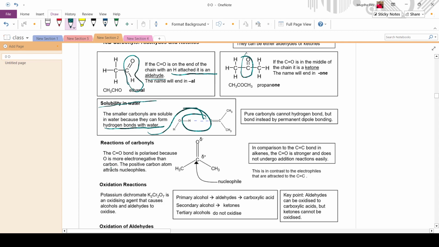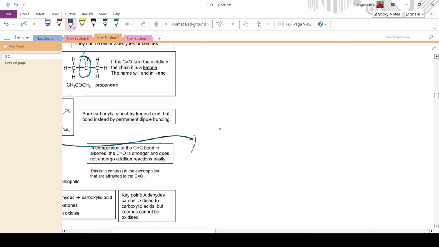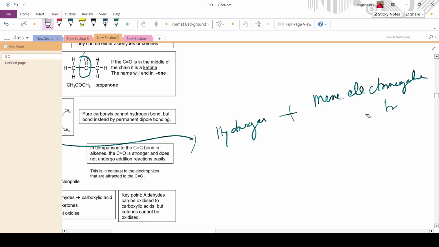If it is short enough, it is much easier for water molecules to reach and produce hydrogen bonds. And what is the prerequisite for producing a hydrogen bond? We require hydrogen, which we get from water, and we need a more electronegative element than hydrogen.